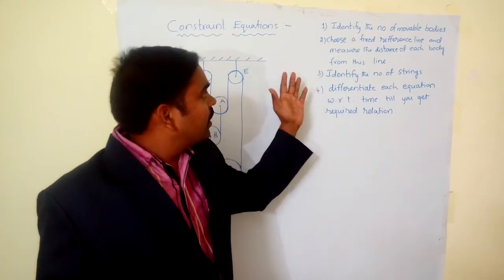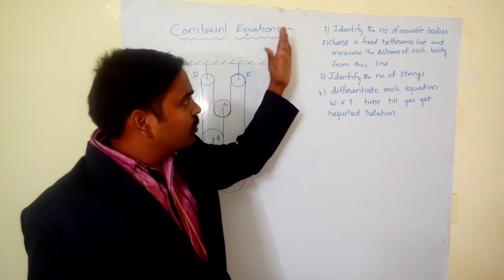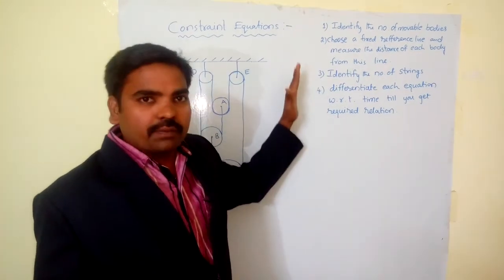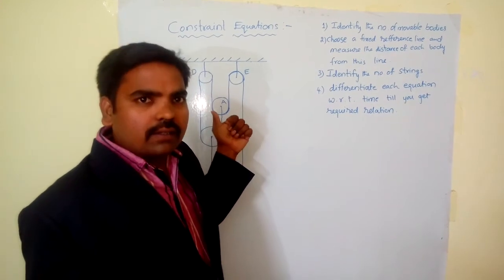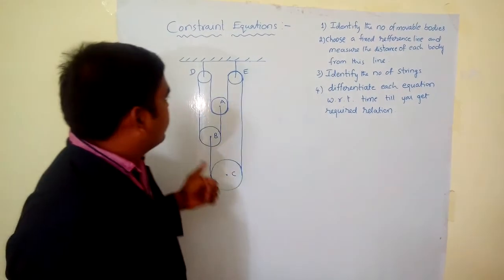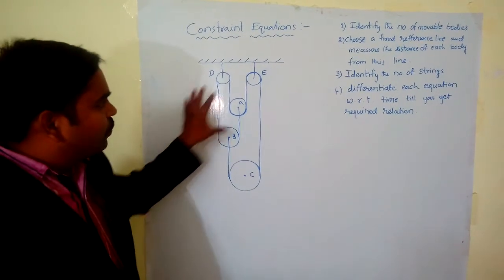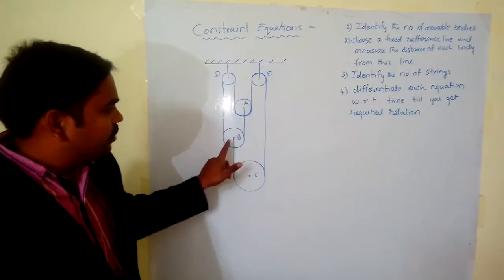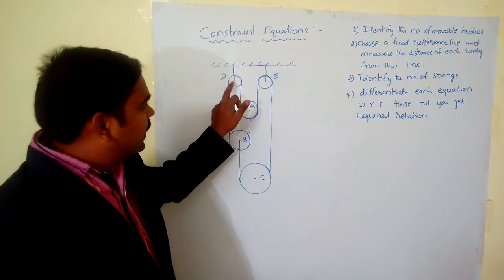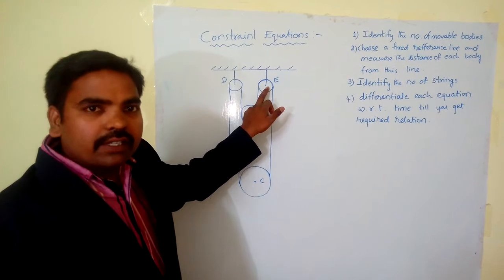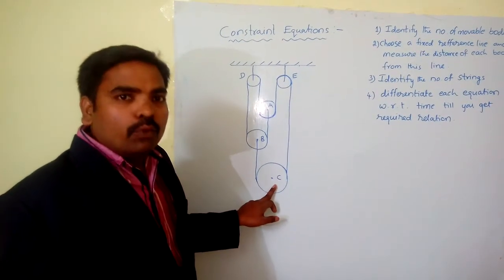So let me see how to write the constraint equation and how to follow all these steps clearly. We'll discuss with a certain example. Okay, so if you observe the system, it consists of 5 pulleys A, B, C, D, E. In this, D and E are fixed pulleys and A, B, C are movable.